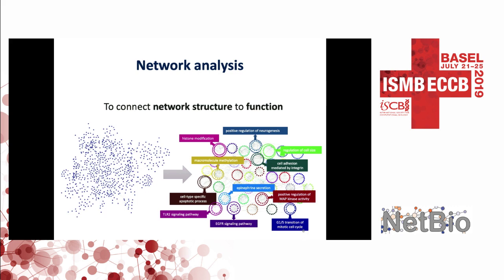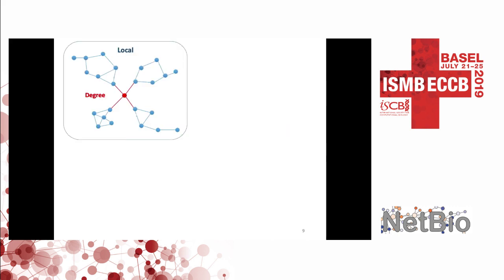For us, and for many people that work in network biology, a key point here is to be able to connect the structure of the network with the function. To do so, we propose a multi-scale analysis of the network.